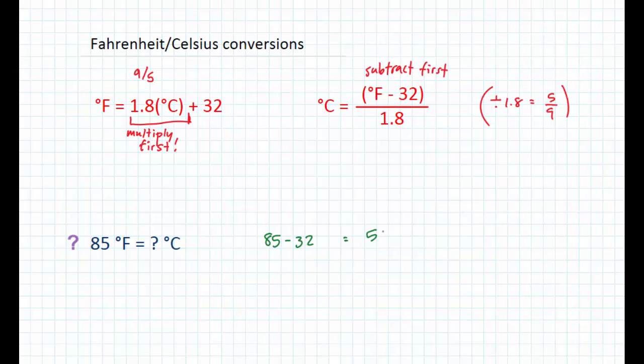You can do that in your head. Then divide by 1.8. Okay? So why don't you get your calculators out? I'm going to have you do this and one other one. If you don't have your calculator with you, make sure to try this afterwards. What's your calculator tell you? Yeah, 29 with a lot of fours.